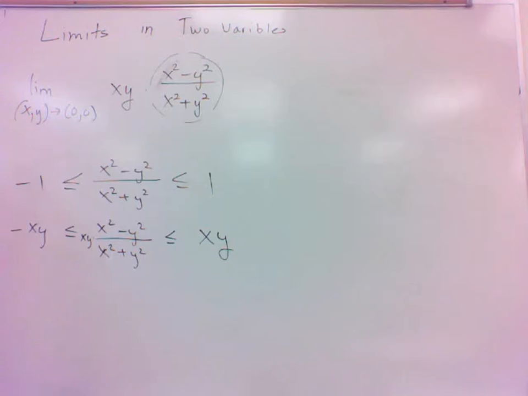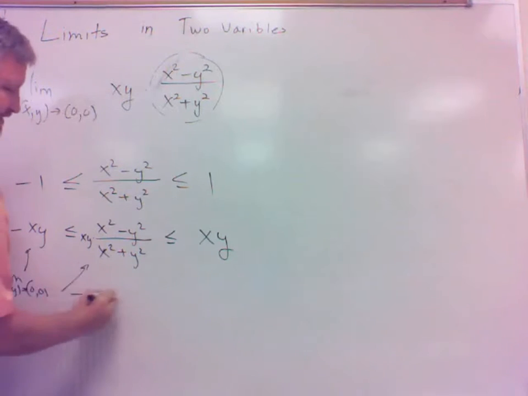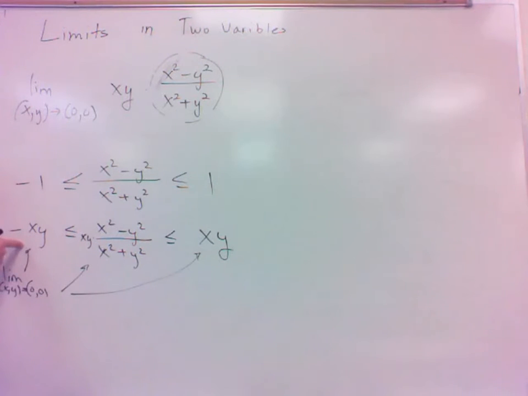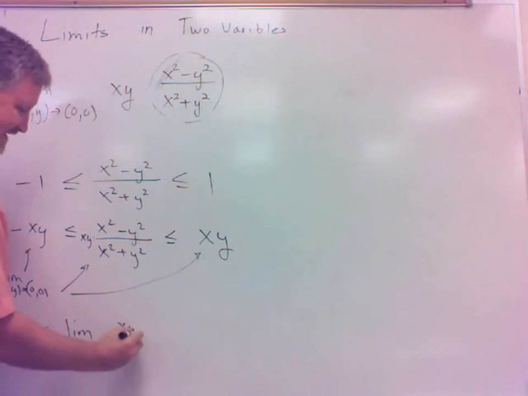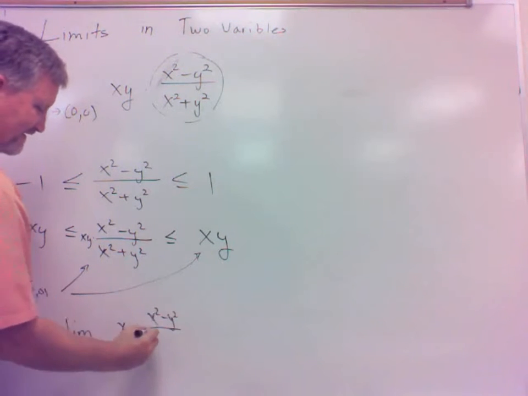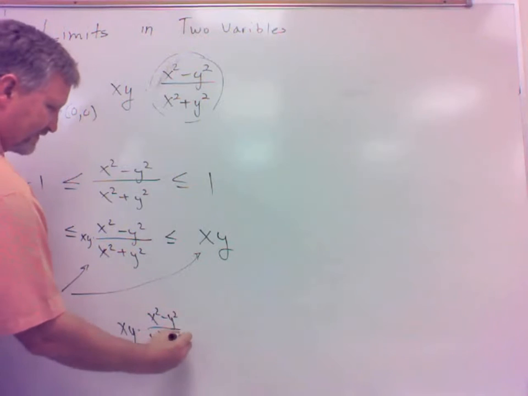Now, if we take the limit as (x, y) approaches (0, 0) of everything here, here, and here, what's the limit of xy as (x, y) approaches (0, 0)? That's 0. And there's our limit that we're talking about in the middle.